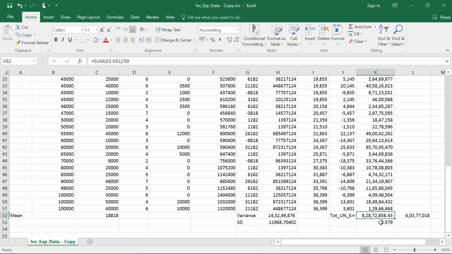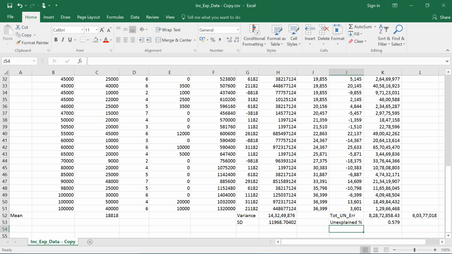Of that, this ratio, I am again doing this total unexplained error divided by total variance of the expense variable is unexplained percentage. This much proportion is unexplained. How much is explained?